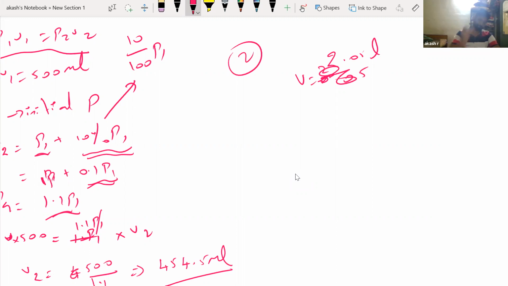Think about it. Now remember, that's an open container, not a closed container, people. So definitely the air inside can escape if you heat it, because it's an open container.